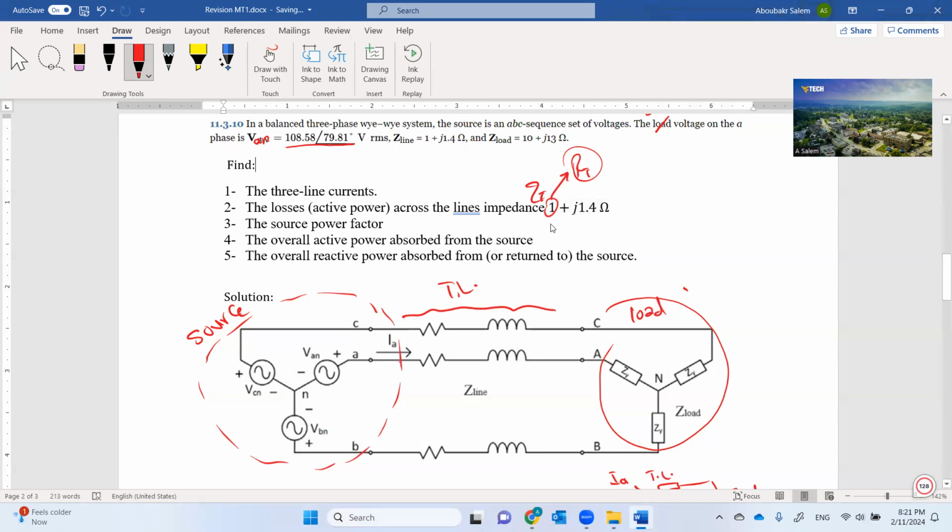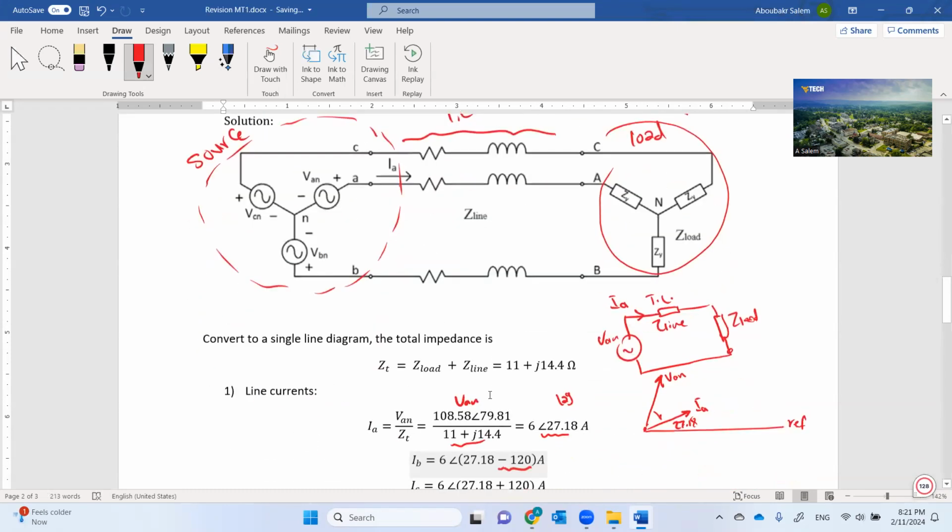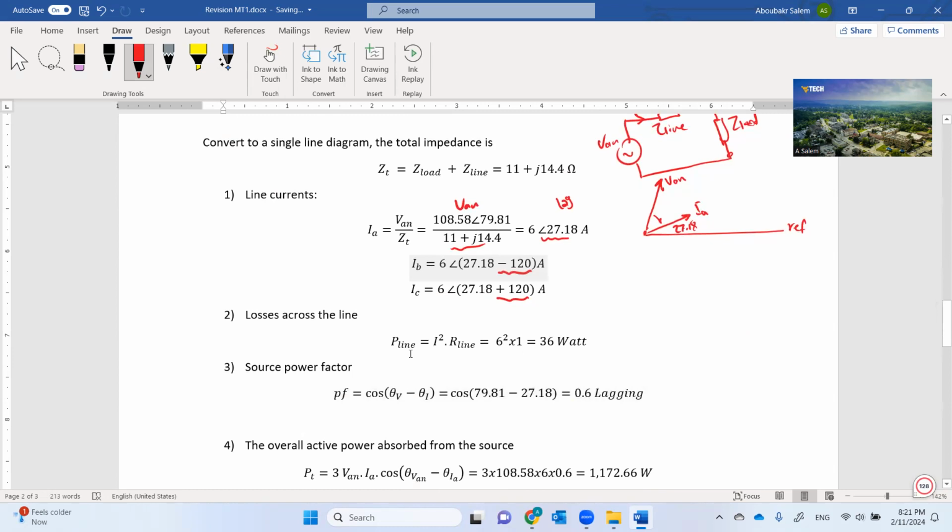Just a moment, guys. We have here three-phase system. So this means we will multiply I squared R times 3. So the correct answer for part 2 now, we can say power equals I squared times R line. So I equals 6, R equals 1, but we have to multiply times 3. So this is 3 times I squared times R line.